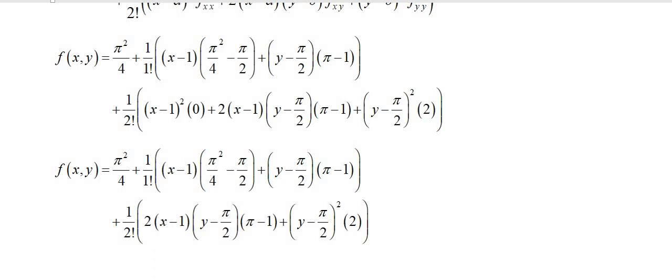If you want you can write 1 by 2. 0 into anything is 0. So first term vanishes. Second term is as it is. Third term also as it is. So this is the required Taylor series of the given function about the point 1 comma pi by 2.